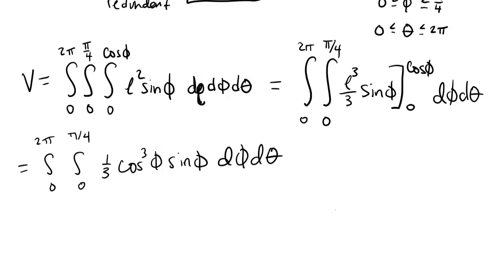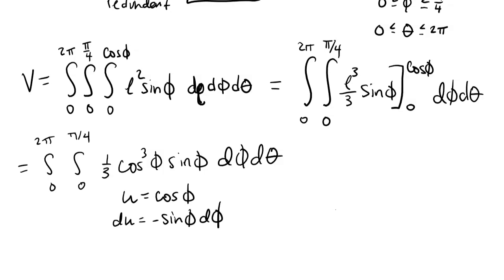Notice we're doing a d phi integral now, so we've got cosine cubed phi times sine phi. So hopefully taking a look at those two trig functions, they're related by the derivative, so a u substitution is probably a good choice. It's probably a good idea to do u as cosine phi, because then du is negative sine phi d phi.